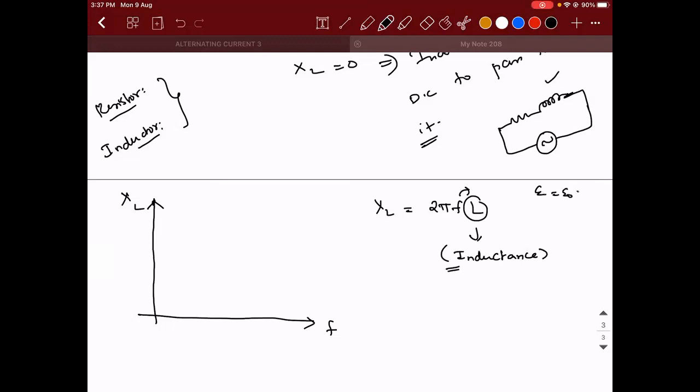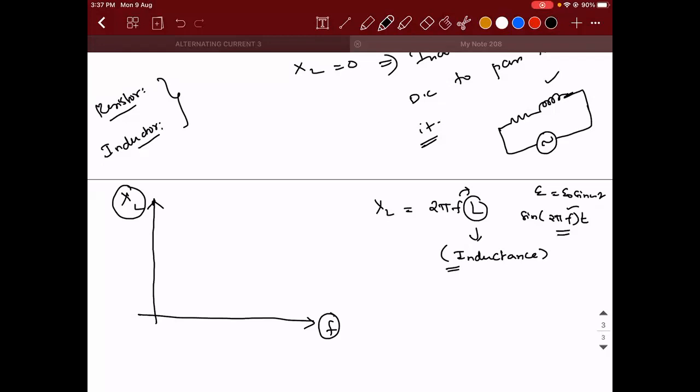Because we write E is equal to E naught sine omega t, right? But omega is 2 pi F, so omega t is 2 pi F into t. So that F is what I'm talking about. So you're plotting a graph of the variation of inductive reactance versus the frequency. You look at the equation and tell me.